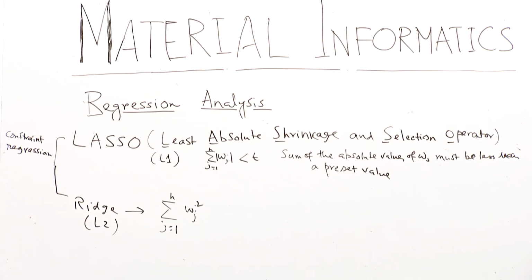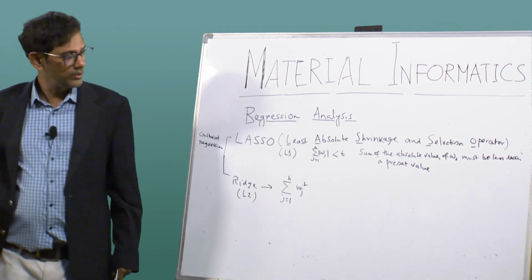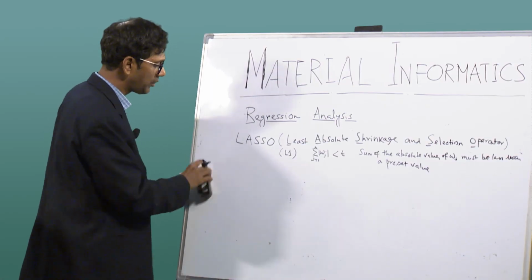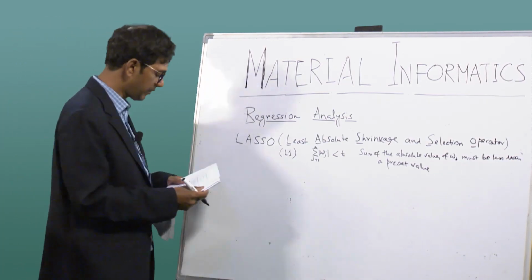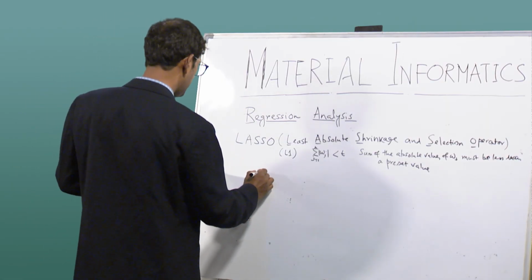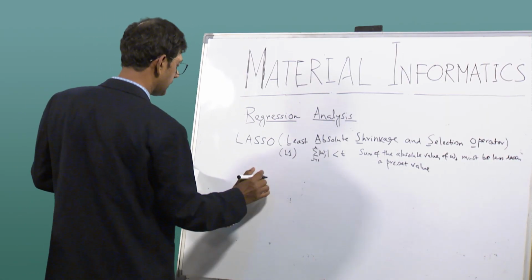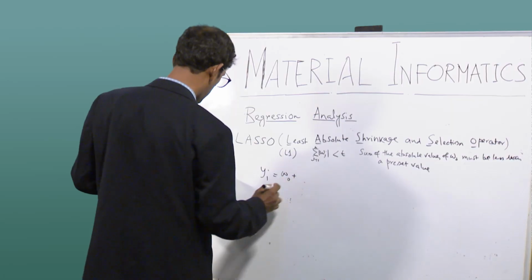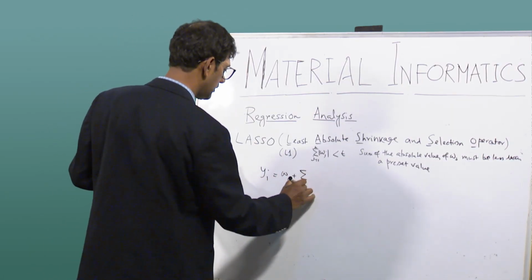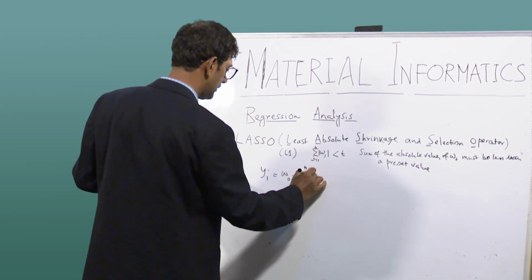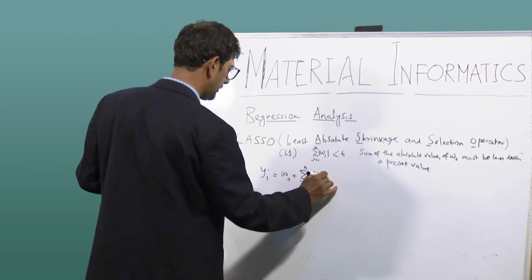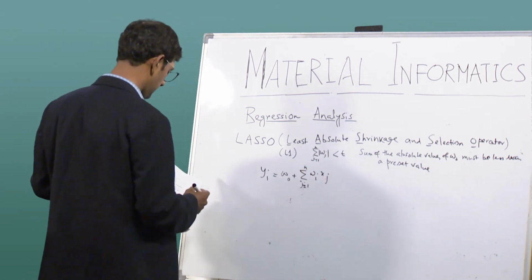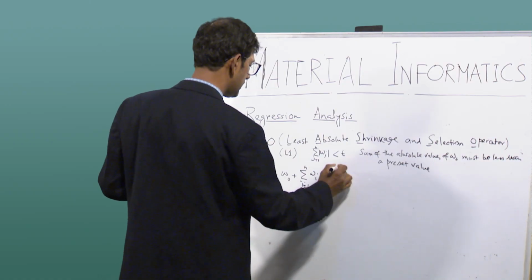What is mathematically done? Very simple. Let us focus on Lasso first. Same mathematical formulation: yi is written as W0 plus the sum over j from 1 to n of Wj xij, plus this term.